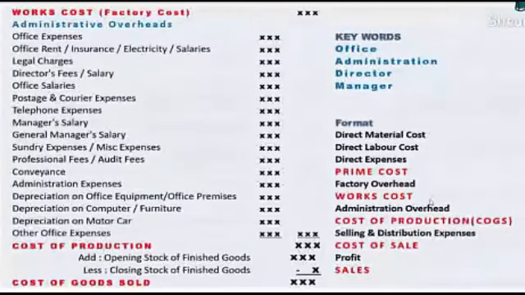If they want to tell about the factory, they will say miscellaneous factory expenses, which will go into factory cost. But if it is sundry expenses or miscellaneous expenses, the conclusion is that this is administration cost. Next are professional fees, conveyance. The big word itself is given: administration expenses, depreciation on office equipment, office premises. Computers are treated as administrative, and furniture is treated as administration.